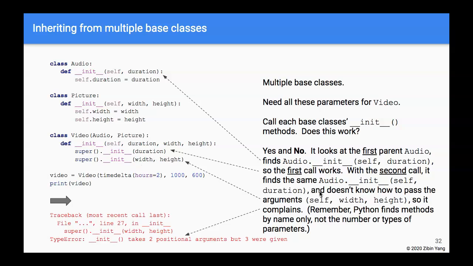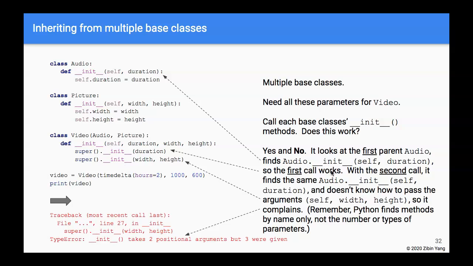So it's like, okay, I really don't know how to pass 2 arguments into 1 parameter, so it complains here. Another way to see this is that Python really just finds methods by name only. So when we say dunder init, it always finds the same method. The number of parameters in Python does not matter, only the name matters. And that's where our trouble is.